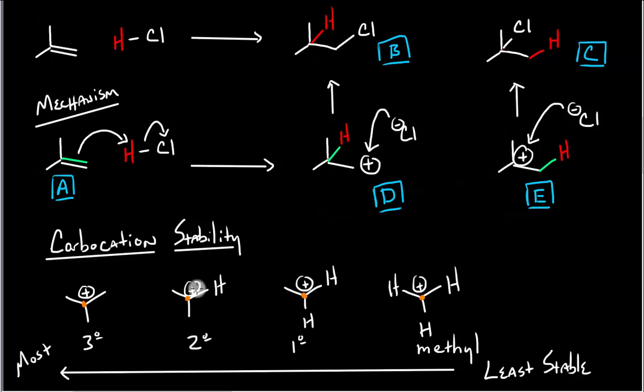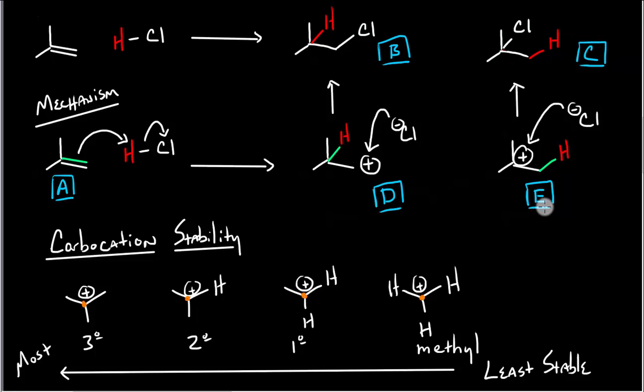Now that we've set down this carbocation stability trend, we can apply this new knowledge to the mechanism that we were just talking about. If we look through the mechanism and try to find the two carbocations, D and E are both carbocations.